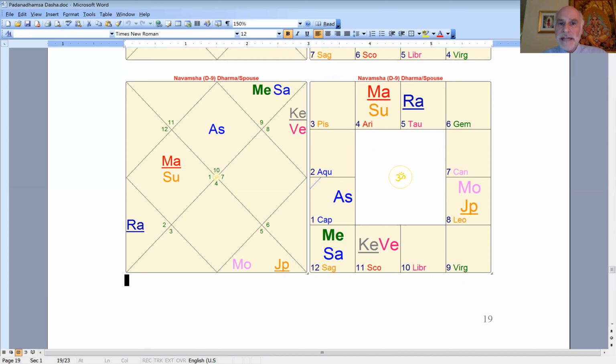The sub-period was actually Capricorn, and when you think about what Capricorn gets the influence of, you'll notice that it gets the influence of that Moon-Jupiter combination, which is both influencing Capricorn and the 10th house from there, Libra. And so it was in this sub-period that he got his initial success.